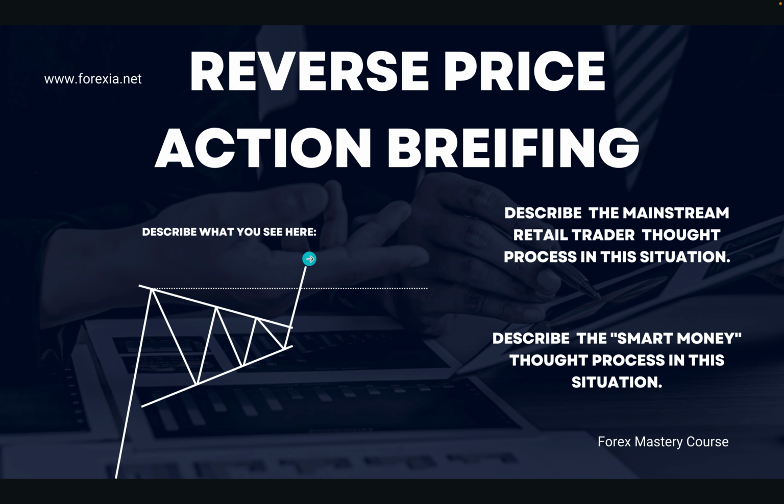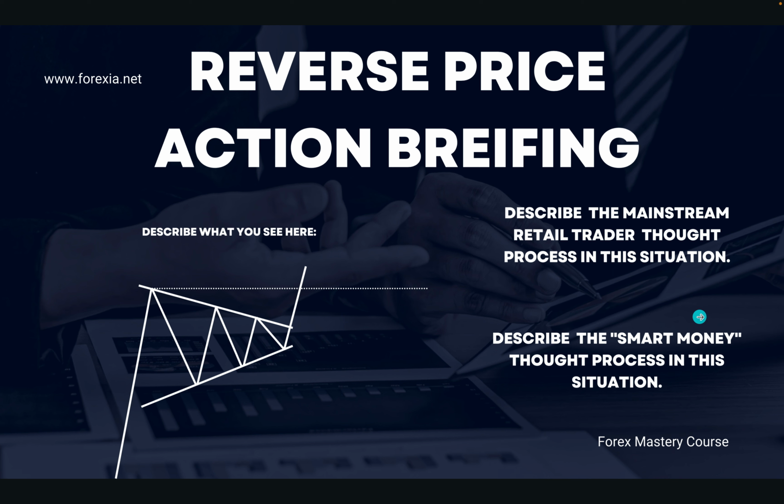So that would be the characteristic of an uptrend. The characteristic of an uptrend, right, is the creation of higher highs and higher lows. That's exactly what we have. So this would be inducing retail traders to buy into this current market because of these circumstances. So that is how we just described that the retail trader would think in this given situation.